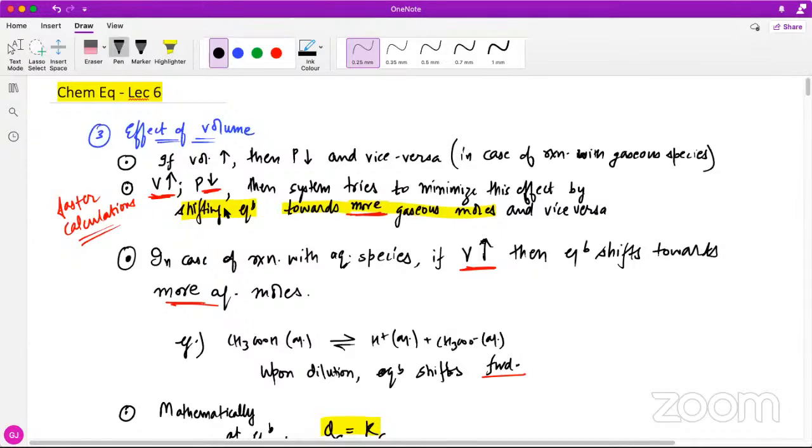Increase, decrease, more, less, they are so interlinked, and I am not really good at rote learning, so I end up making careless mistakes, exactly like you guys are fumbling. Increase, decrease, more moles, gas moles, I keep doing that. That's why I always double check with the mathematical approach.